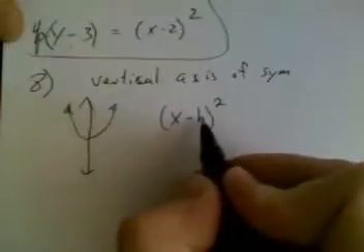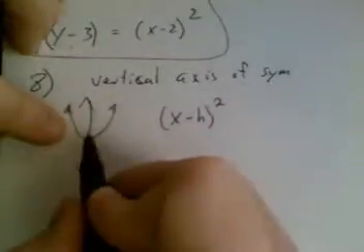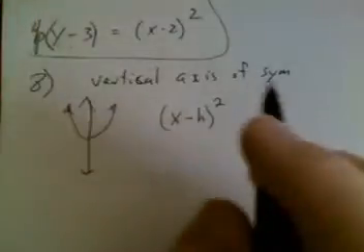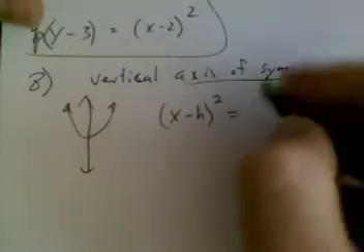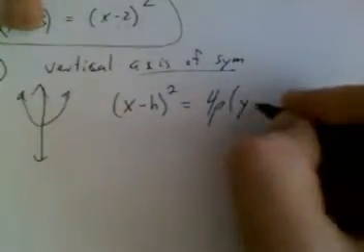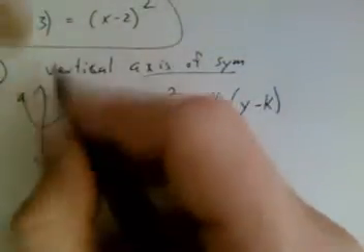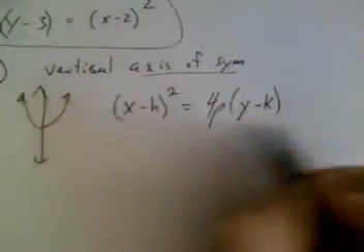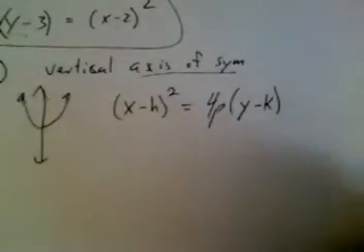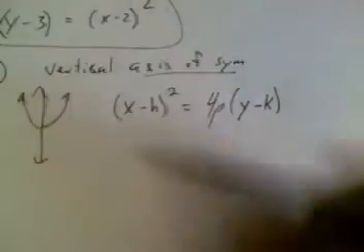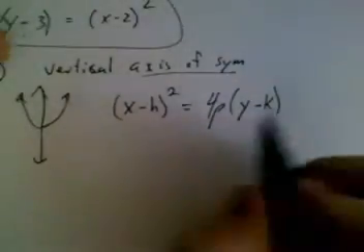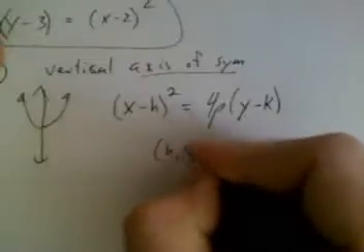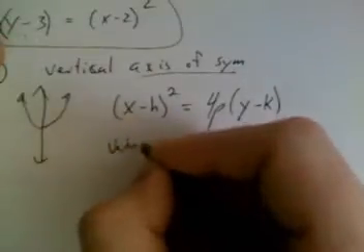So this shifts it left or right, and that will shift the vertical axis of symmetry left or right. So this is going to be equal to 4 times p, times what would have been just y, but now I have to account for the fact that this might be shifted up or down. This is the general equation for any parabola that is facing up or down, vertical, where (h, k) is the vertex.